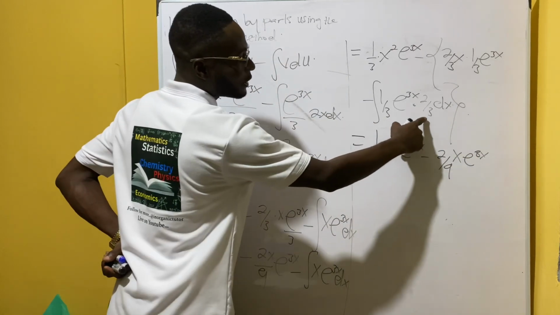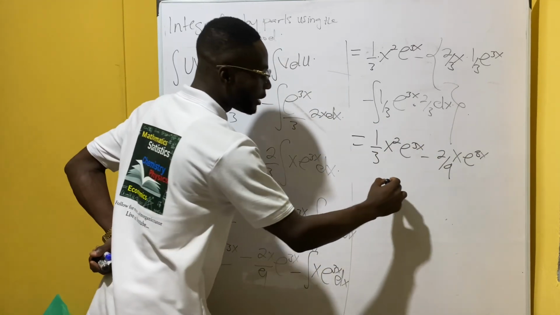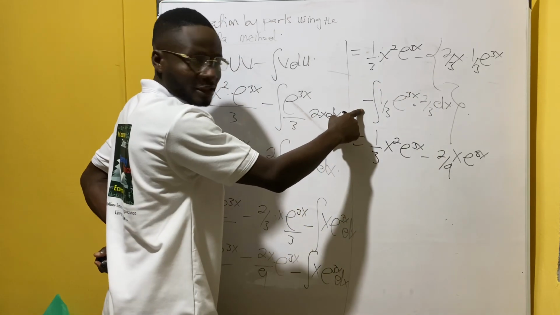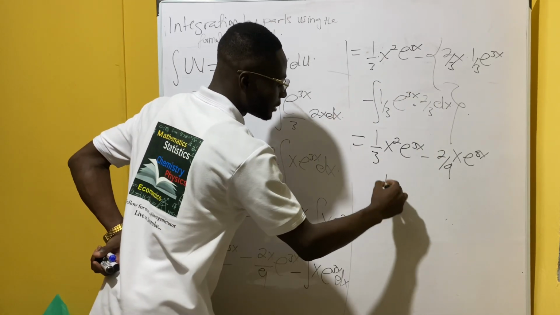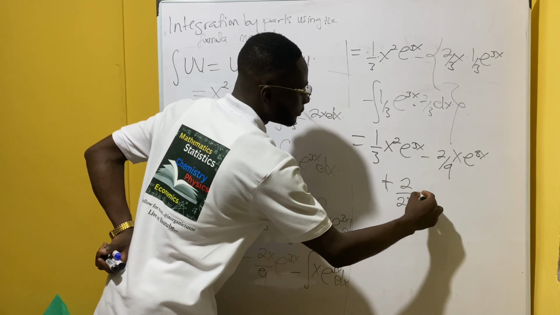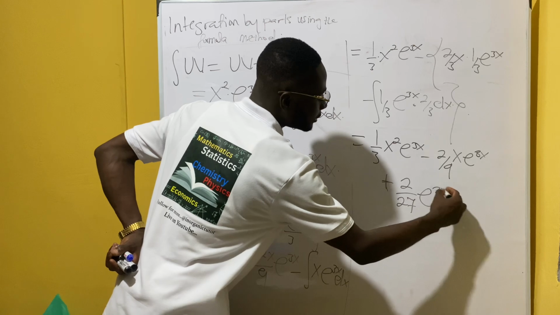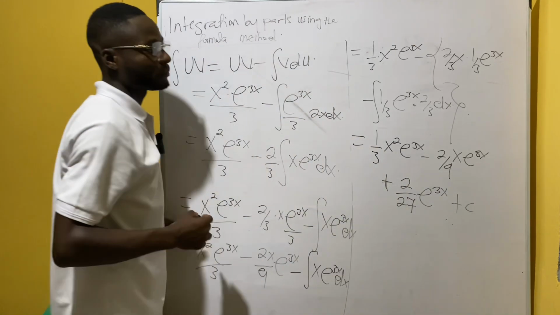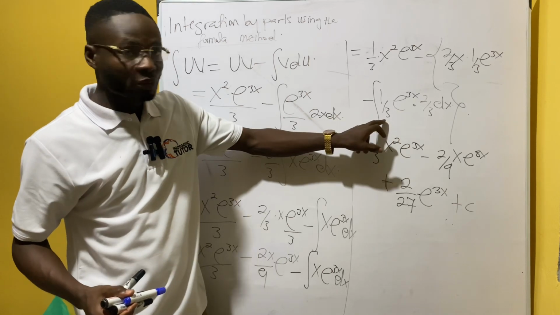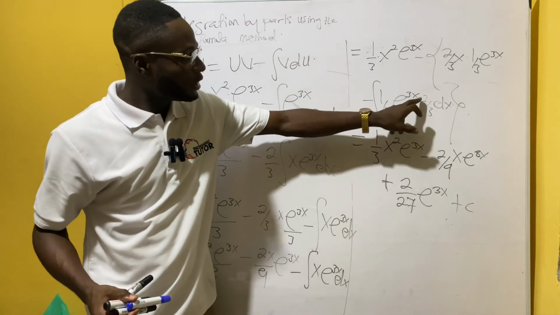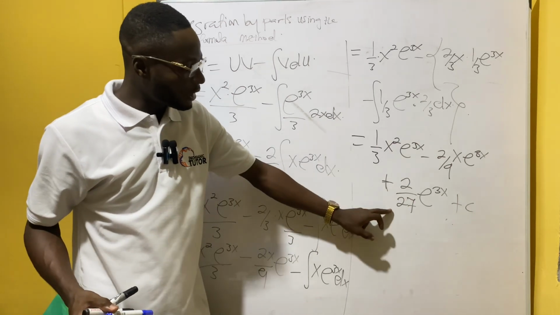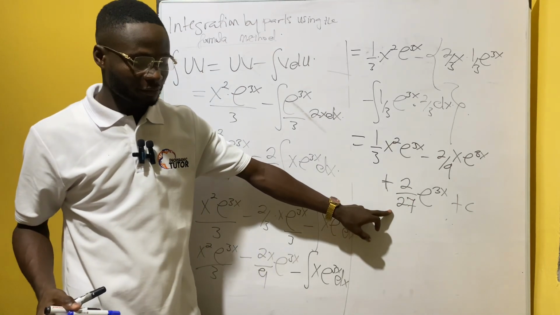Then when we integrate this very well, this negative will affect this, and we are going to have plus 2 on 27 e power 3x plus a constant of integration. When you integrate e power 3x back, you get 1 over 3 again. So 1 over 3 times 1 over 3 times 2 over 3, and that is 2 over 27.